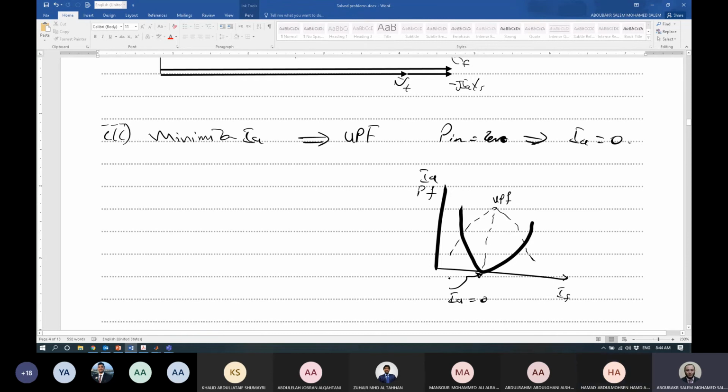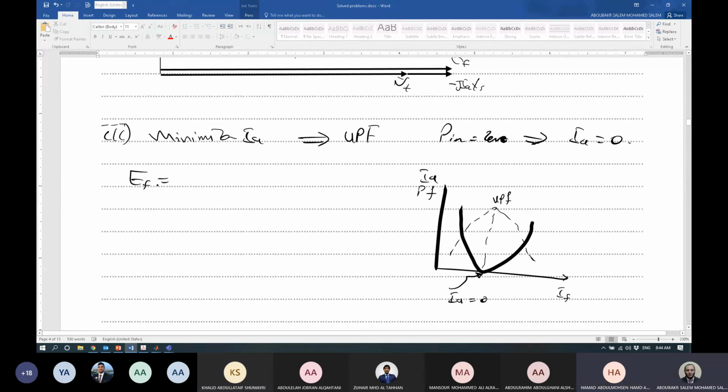Of course, we already have the value of the first case, and we can take the first case as reference and compare it with the second case. Meaning we have EF1, which was calculated in the first part, and now we need to calculate the EF due to the minimum current. At minimum current, what will be the value of EF now, guys? EF equals what?